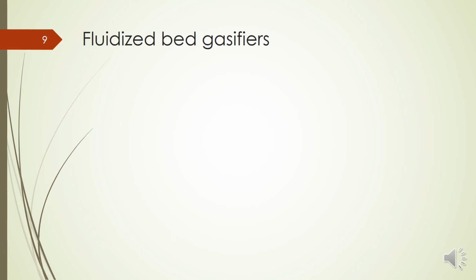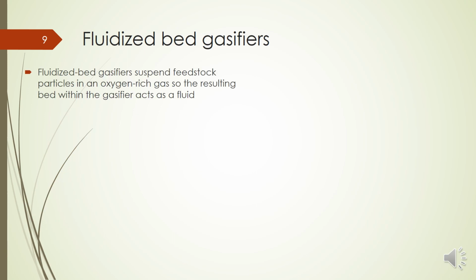Now we will go to the next one, the fluidized bed gasifier. We have already studied the fluidized bed combustors, and these are very much similar to that. In a fluidized bed gasifier, we suspend the bed material as well as the biomass particles with the help of an oxygen rich gas, that is air or oxygen.